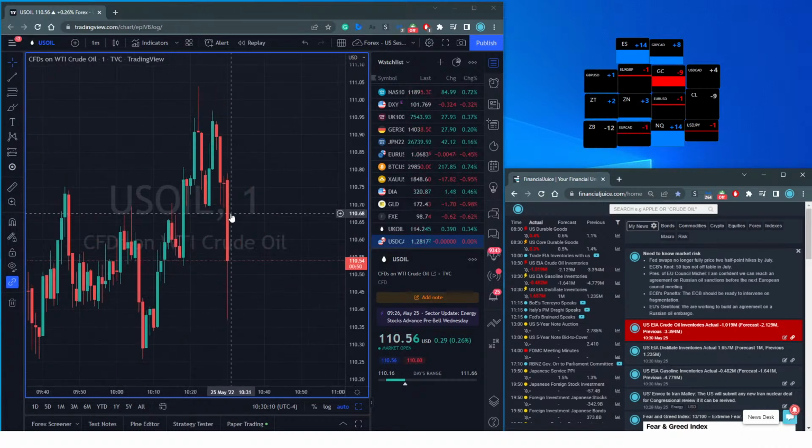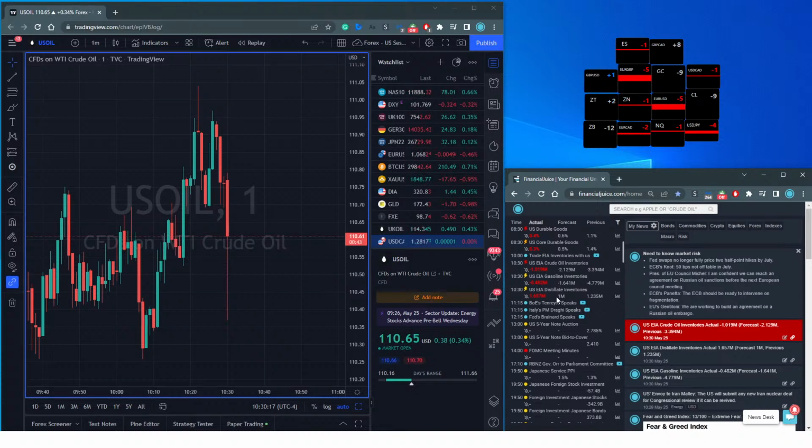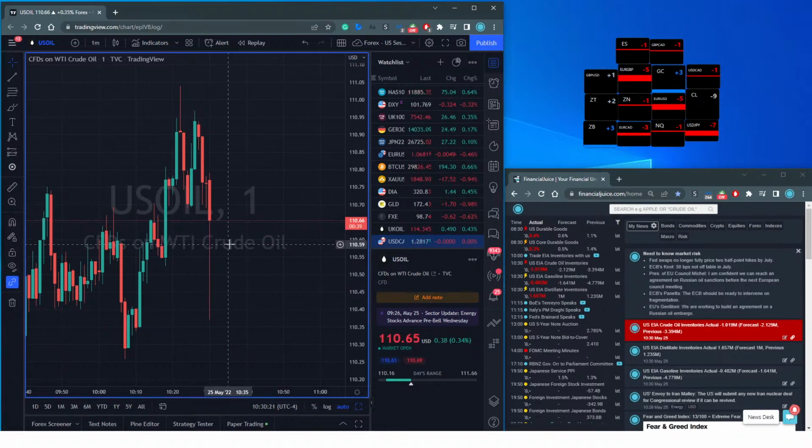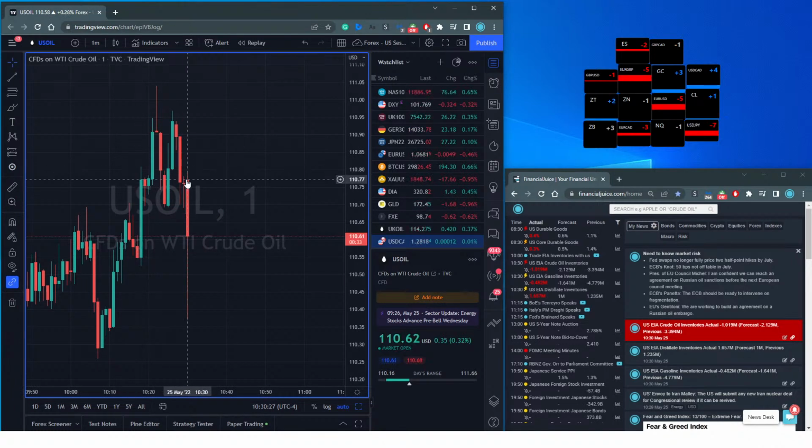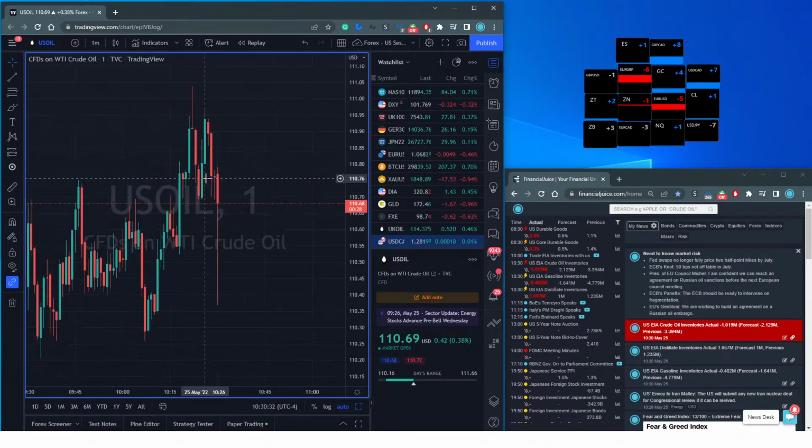WTI crude oil seeing some movement towards the downside there off of that data. Overall, data is showing a build. So, okay, let's see how long this reaction lasts, because I know last time when sentiment was driving the markets, it was about a minute that we had the reaction to the upside, and then it continued its movement.